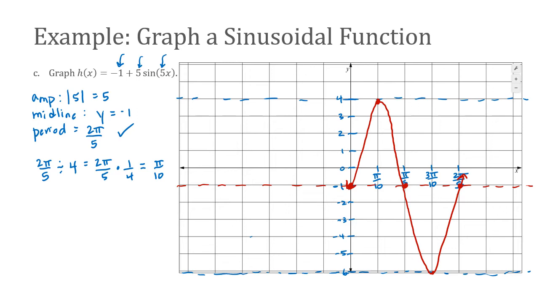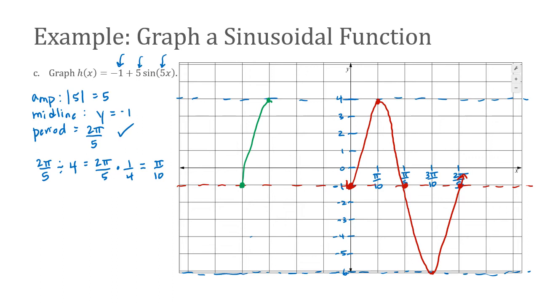And what's really nice about dividing the graph into fours is that if I want to graph more of this period, let's say I'm at 0, -1. If I just go to the left, 1, 2, 3, 4, I can put my pen down. If I'm at pi over 10, 4, I can just go to the left, 1, 2, 3, 4, and put my pen down, and there's another point.